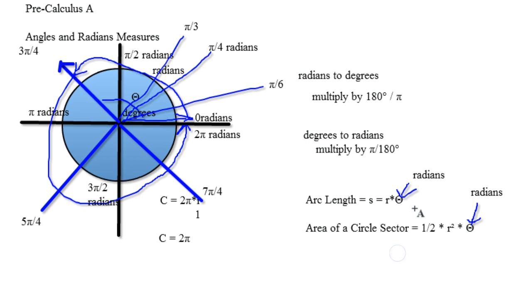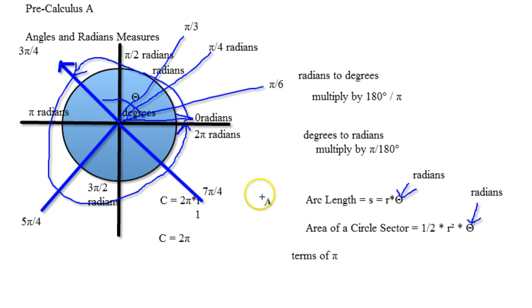So plug in radians for these formulas. When you get an answer, we don't need the decimal conversion, but if you could leave it in terms of pi, that would be fantastic, and that would save us a whole headache of troubles.